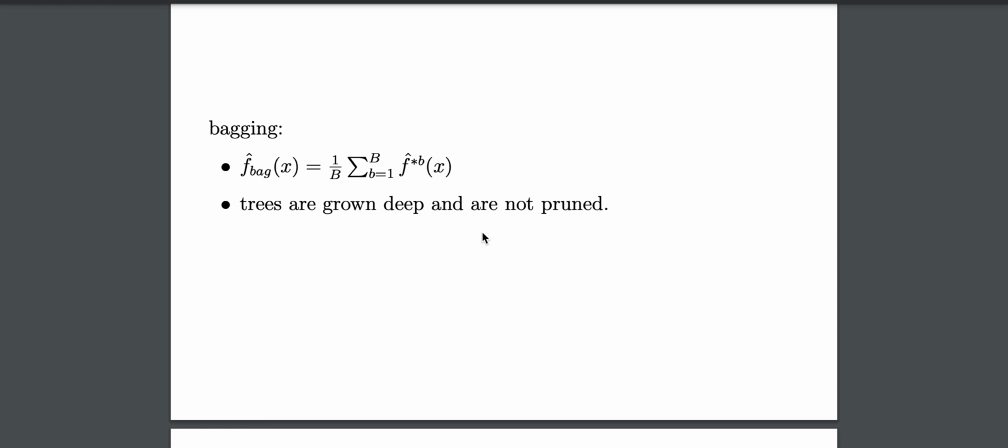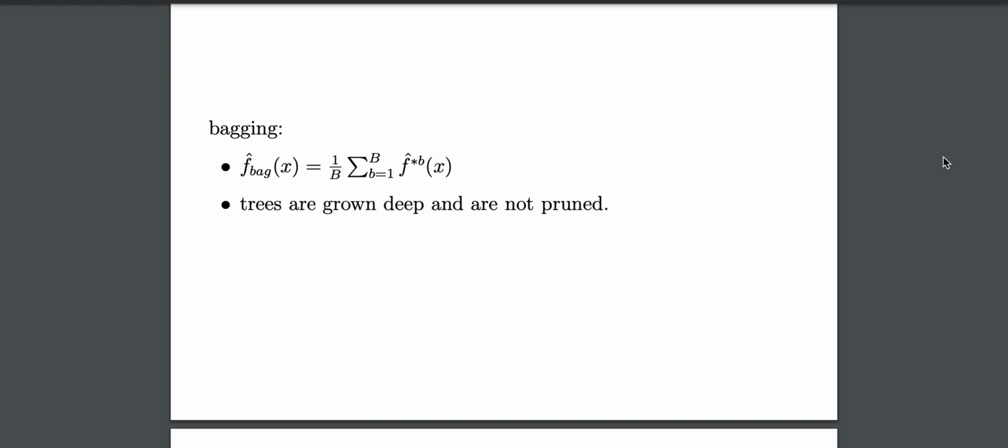These trees are grown deep and are not pruned. Each of them is very well fit to that bootstrap data. And the problem is that when a tree is fitting the data very well, it has a high variance. It has a small bias because it's very flexible, but it has a high variance. And because of that high variance, we create these bootstrap trees to average them out, because averaging is known to reduce variability.